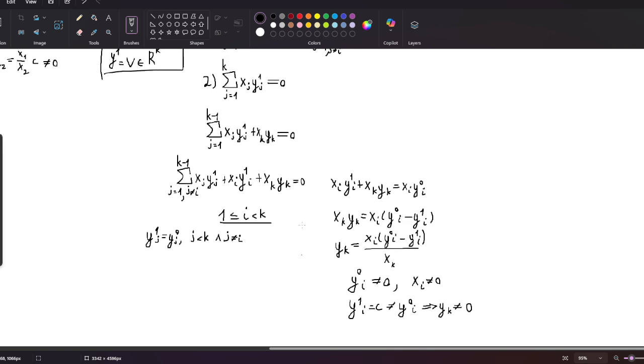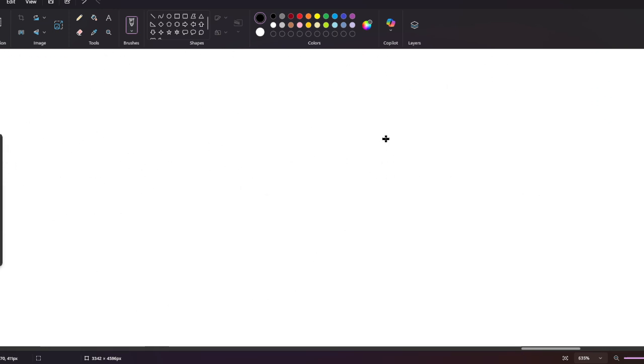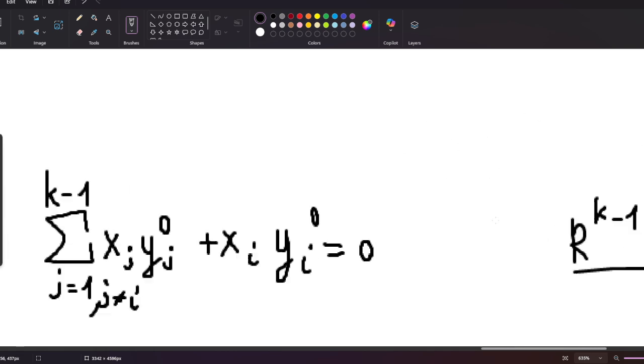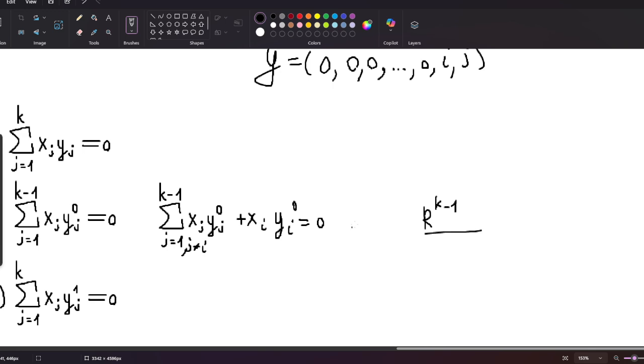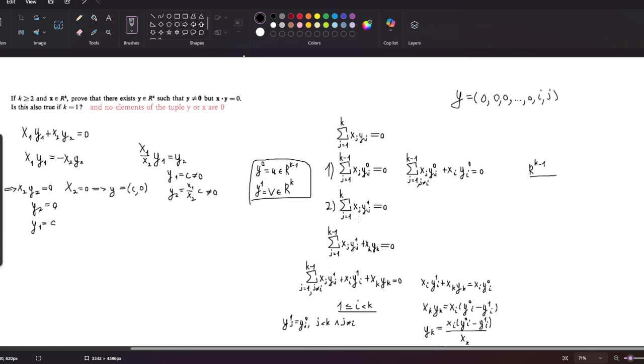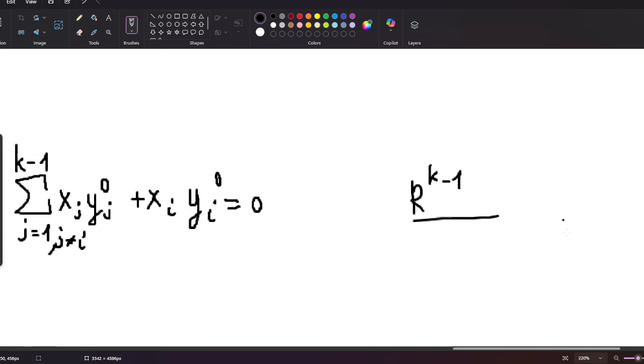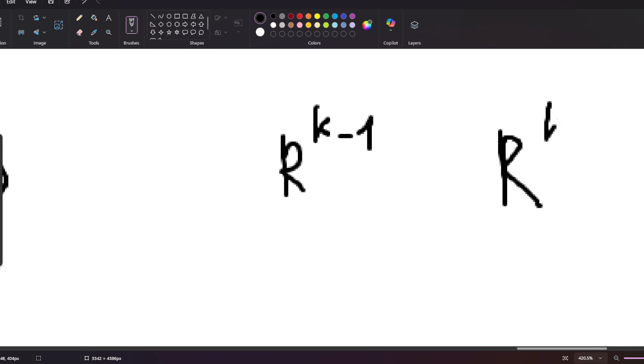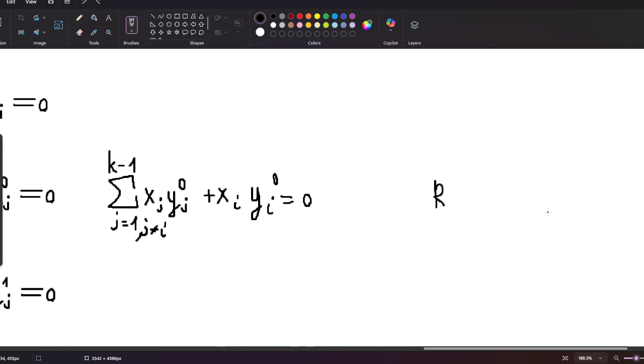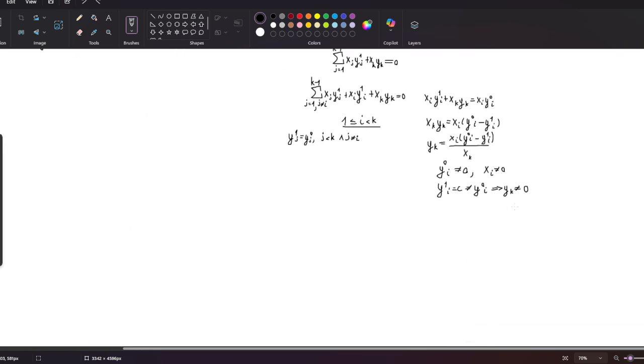So we have shown that if space R^(k-1) has a vector y with scalar product with x equal to 0, then there exists such a vector y for k. So that's good to know.